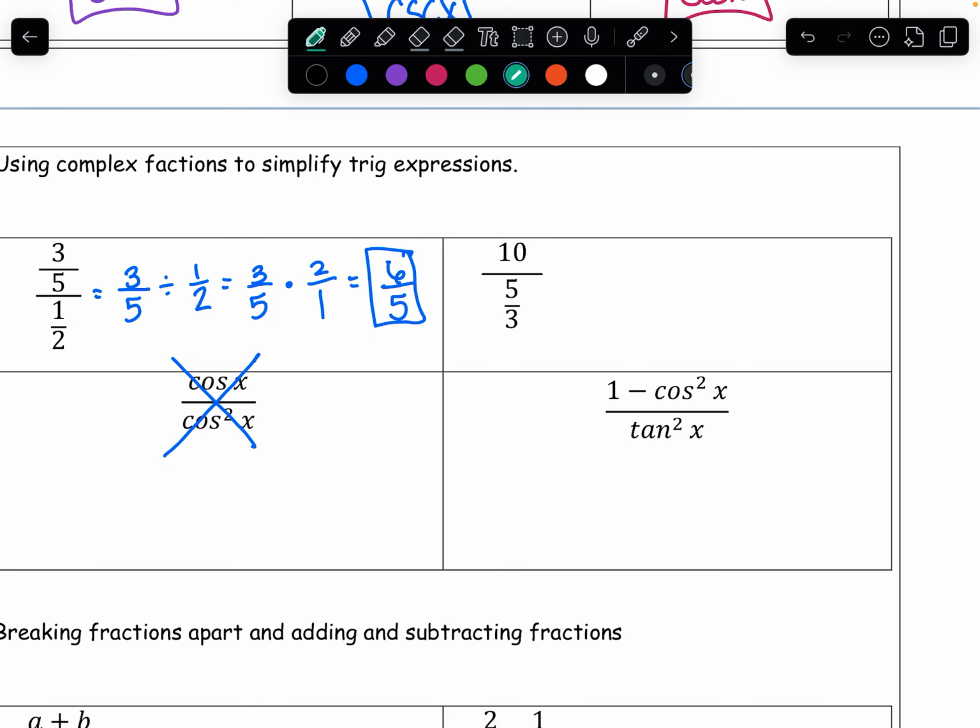For our next one, we would get 10 divided by 5/3. Well, keep, I'm going to turn it into a fraction, change, and then flip. On this problem, we can cross cancel. They both have 5 in common, and then we multiply across to get 6 over 1, which is just 6.